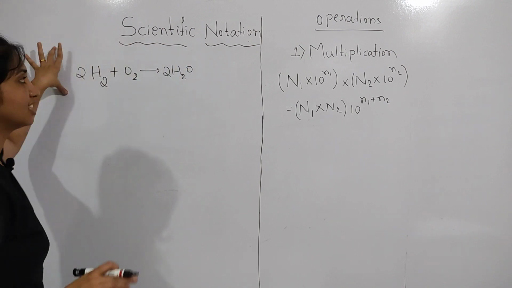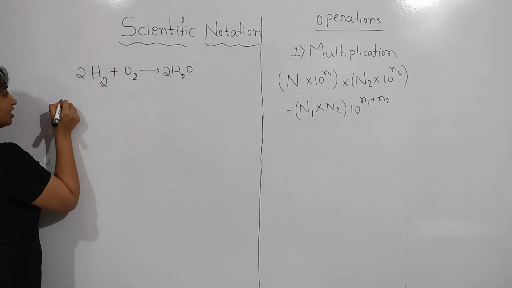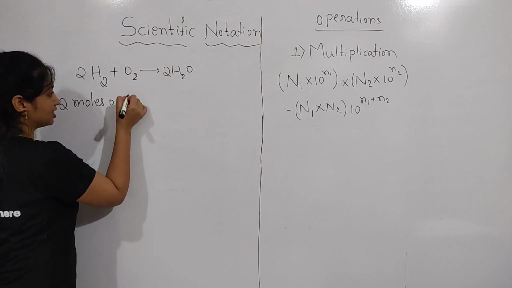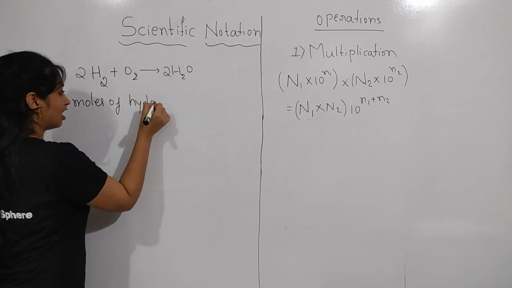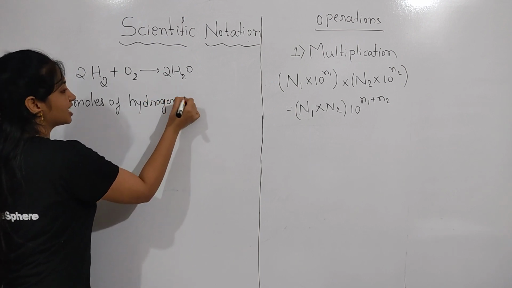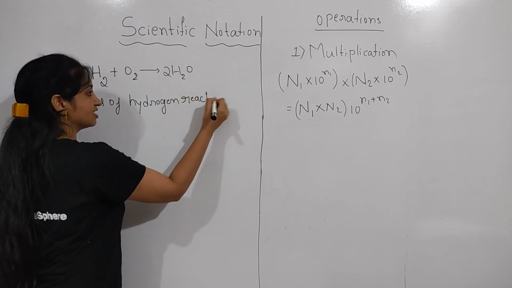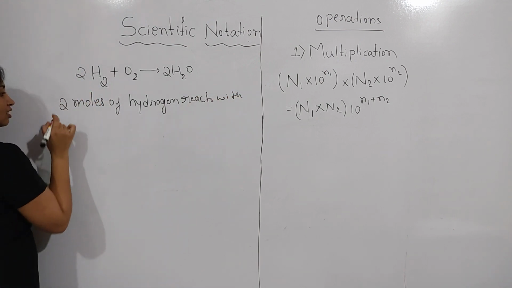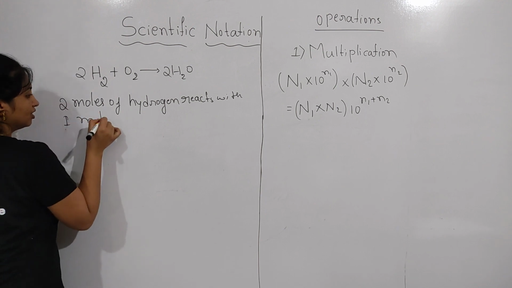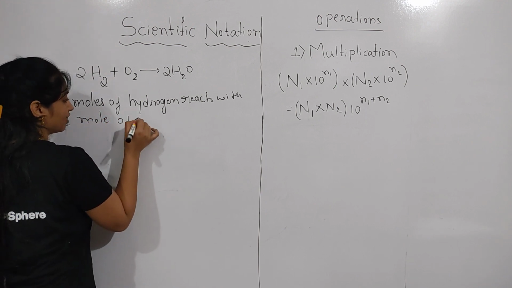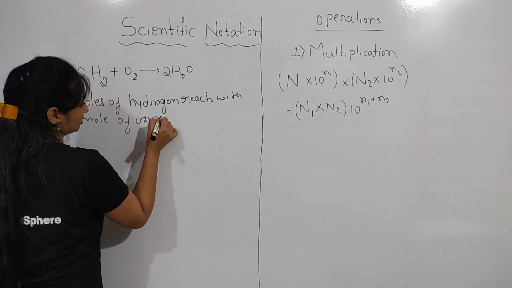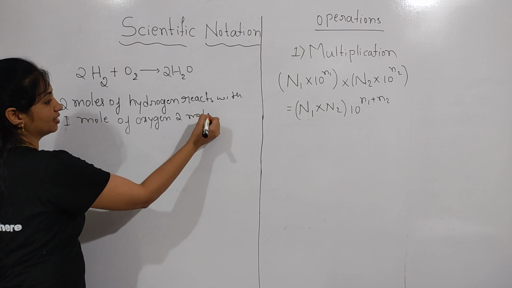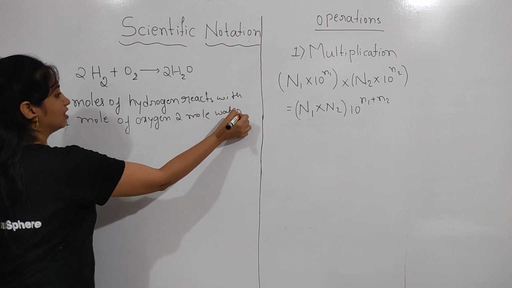In the form of a sentence, how I write it is: 2 moles of hydrogen reacts with 1 mole of oxygen. It gives 2 moles of water here.